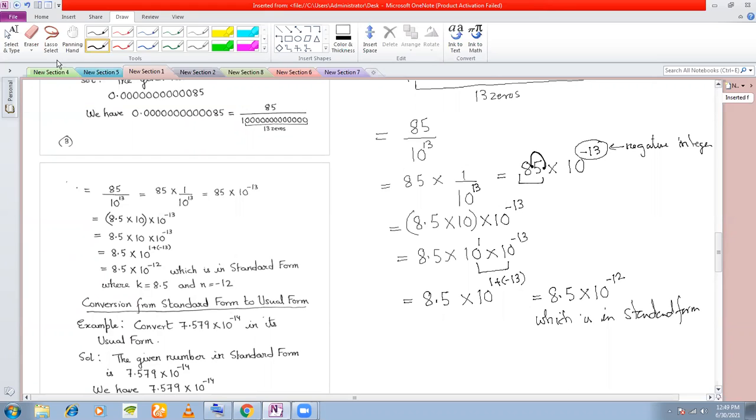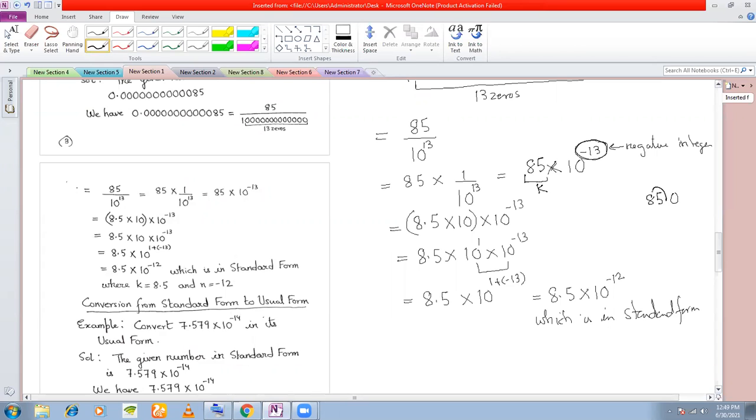This line. This was 85, right? Yes, sir, 85. This is not in standard form. This is a negative integer, but this is not in standard form because k has to be a number that is between 1 and 10, isn't it? So what you do here is, 85 is 85.0, isn't it? 85 means 85.0.